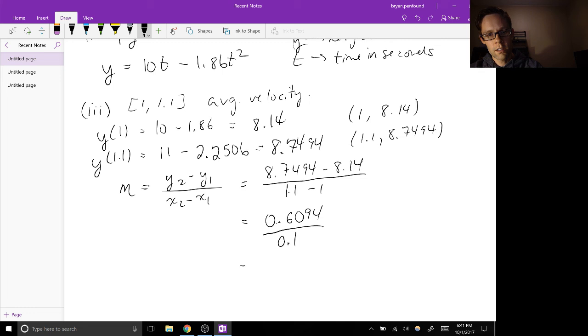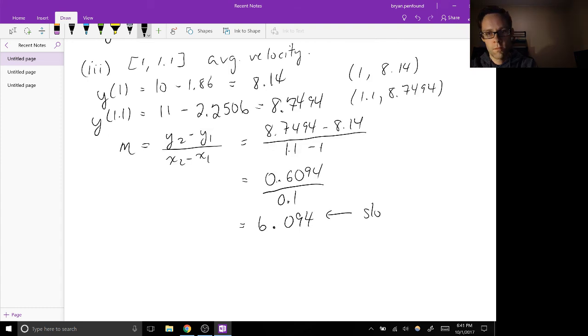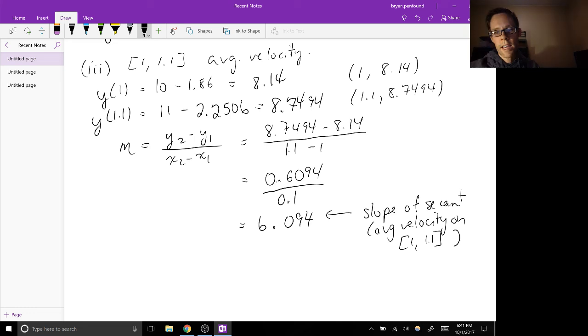Dividing those through, 0.6094 divided by 0.1 gives me 6.094. This is the slope of my secant line, which is the average velocity on the interval between 1 and 1.1.